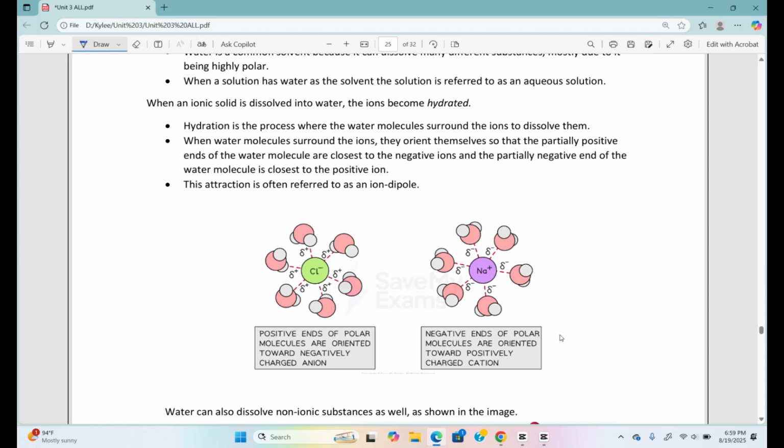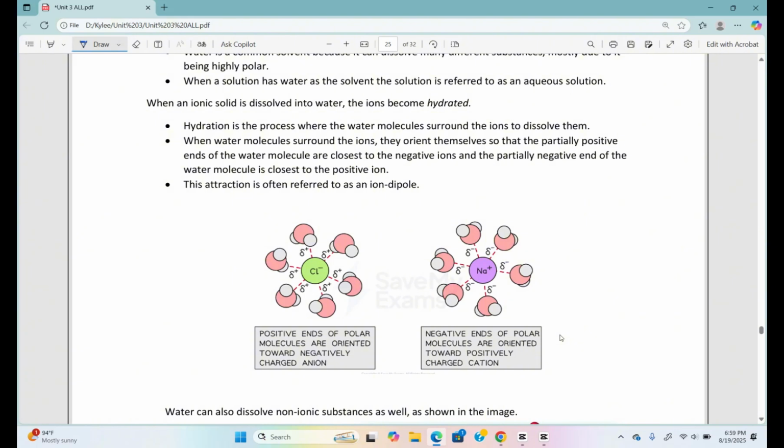On the right with sodium, the negative part of water, the oxygen side, is pointing towards the sodium because we always want a positive and a negative being attracted to each other. Then the opposite happens on the left with chlorine.